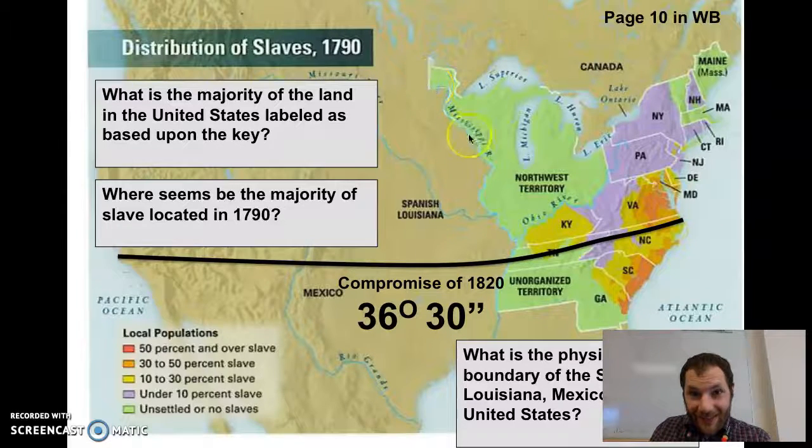Right here in 1790, the Mississippi River is the end of the country. We still haven't gotten the Louisiana Purchase, and so slavery being a big issue really isn't at the forefront of America, like I said.